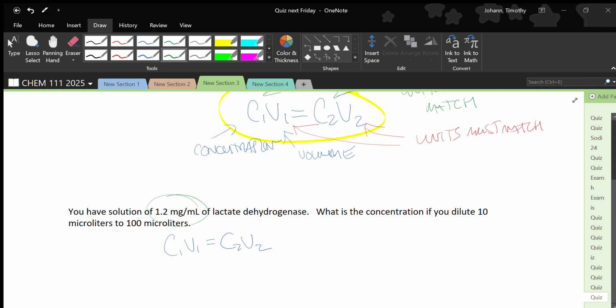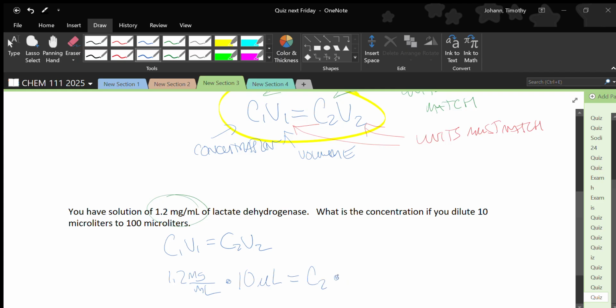What volume has a concentration of 1.2 mg per mL? The 10 microliters, right? That's the thing I'm diluting. So I have 1.2 milligrams per milliliter of lactate dehydrogenase. I have 10 microliters. And then I have some new concentration that I don't know, and its volume is 100 microliters.